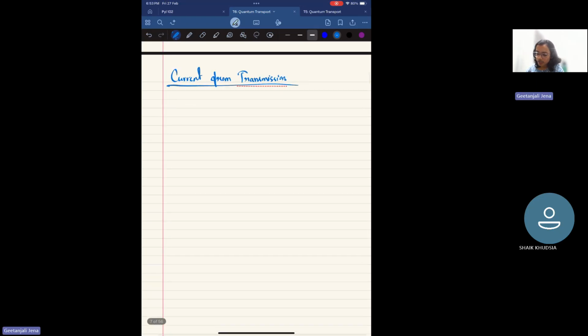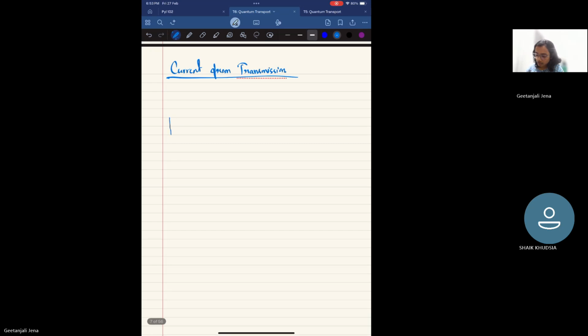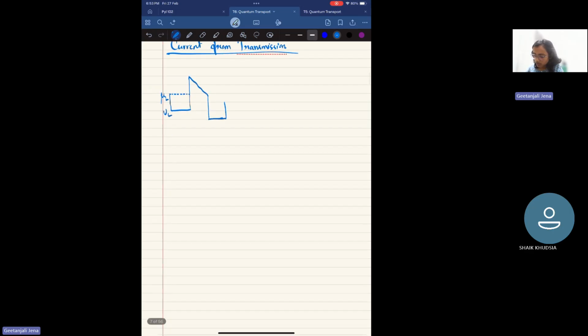So let us say we have a source and drain. This is the source part, and we have a drain. This is the top level, the electrostatic chemical potential. For the source part, UL is the top point of the conduction band.